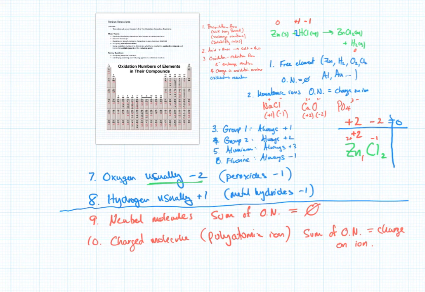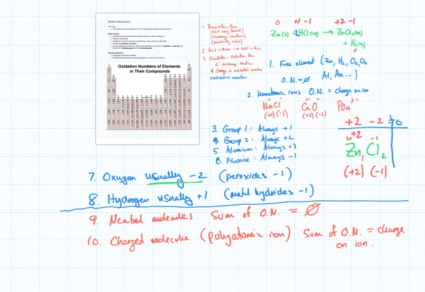Since there are 2 chlorine atoms, each individual one must be -1, because 2 times -1 gives me -2. So my oxidation numbers are +2 for the zinc and -1 for the chlorine.